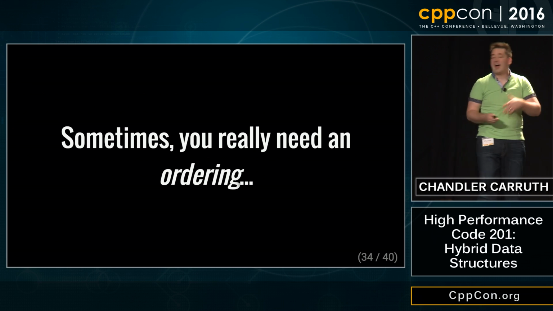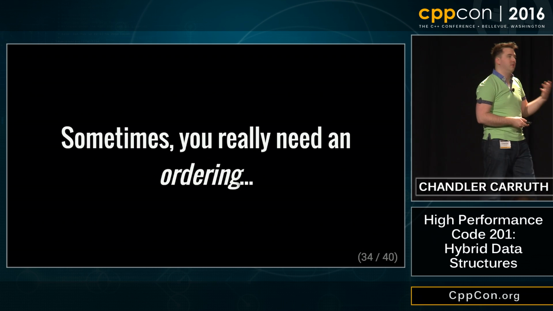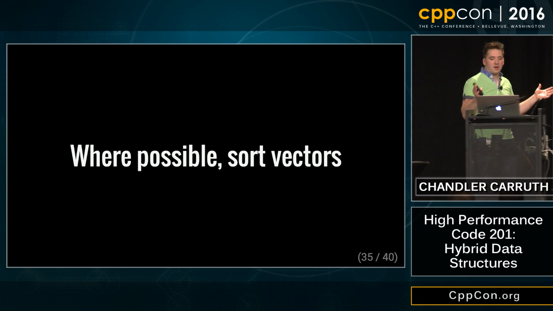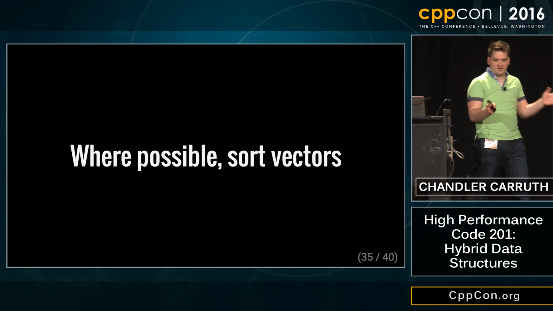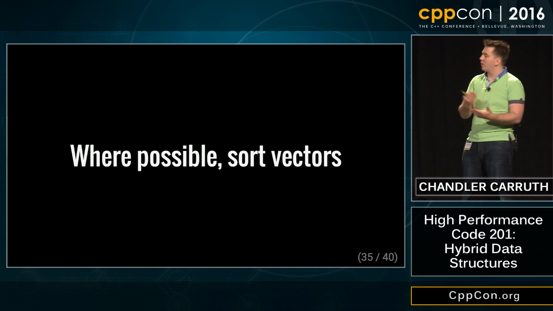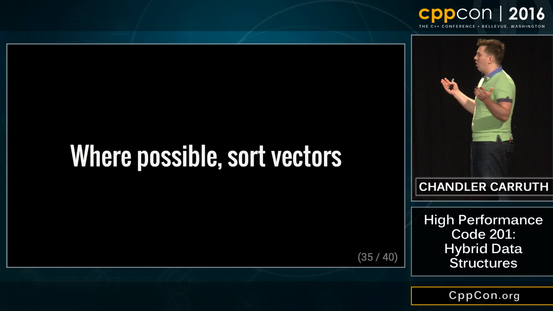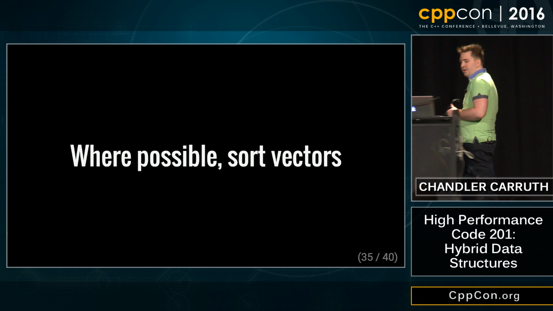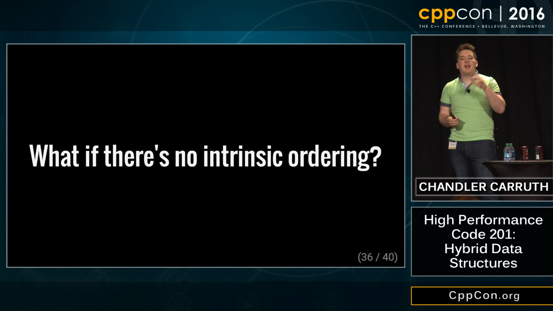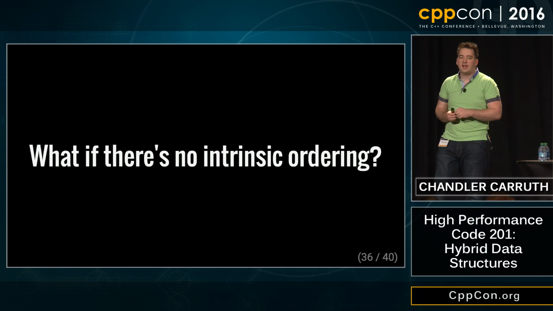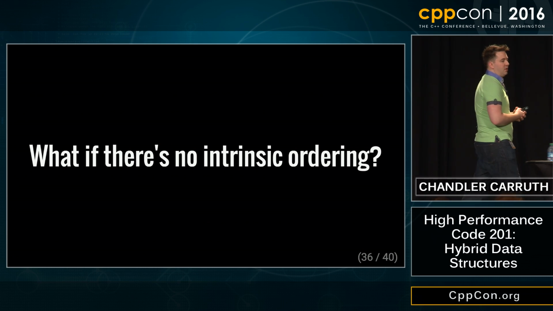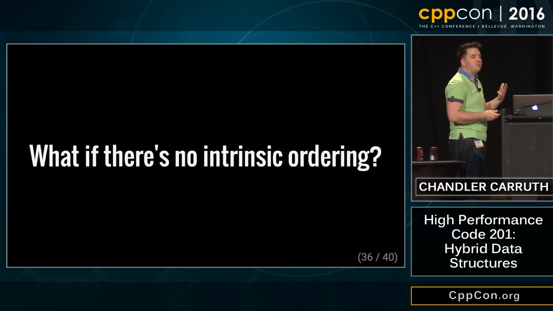So it's important to think about how you get ordering back when you need it. Of course, if you have any possibility to sort a vector, do so. This is fantastic. If you have some fundamental ordering property you can simply assert over your data set, you're home free. You've got a great solution. But you don't always have this. Sometimes you do not have an intrinsic ordering to your data. You have to find some other way of putting your data together, and you still need it to be ordered.